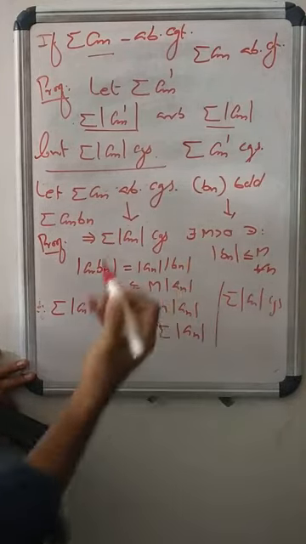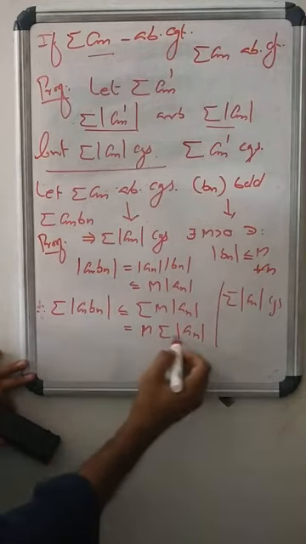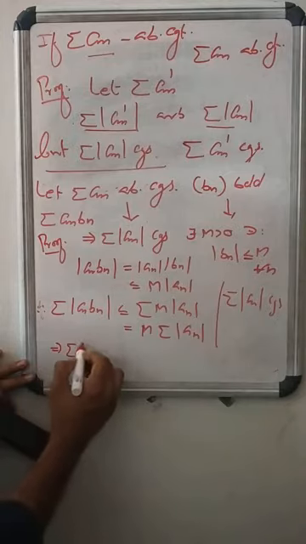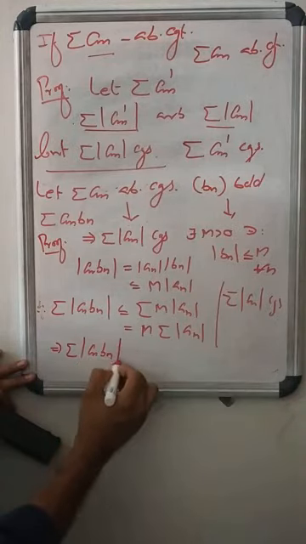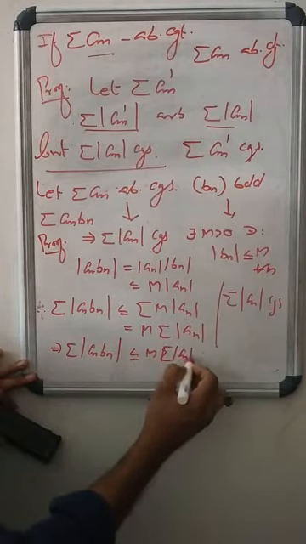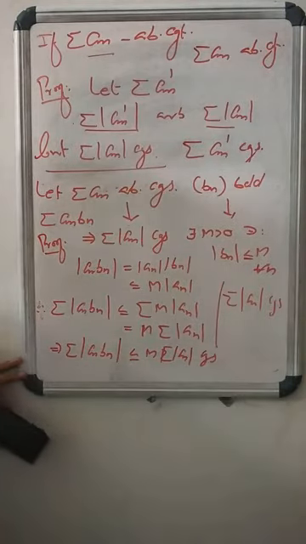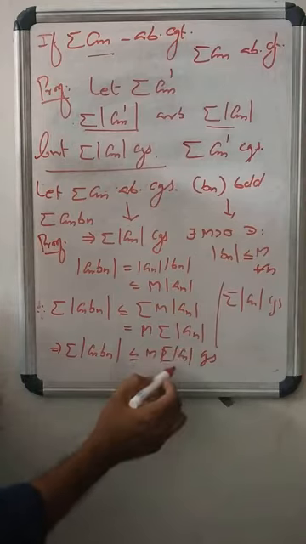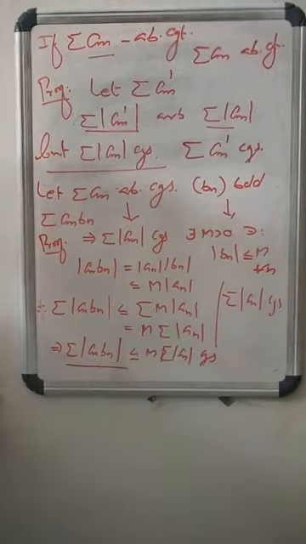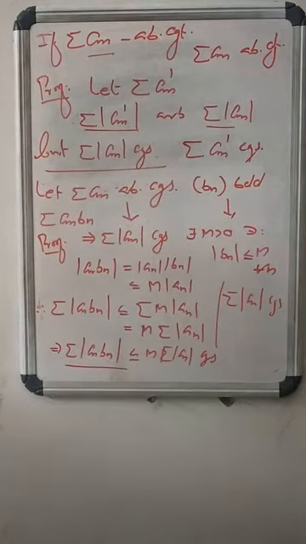Since m is a positive real, m into sigma mod an also converges. That means sigma mod an bn, less than or equal to m into sigma mod an, converges. So by comparison test, sigma mod an bn converges.